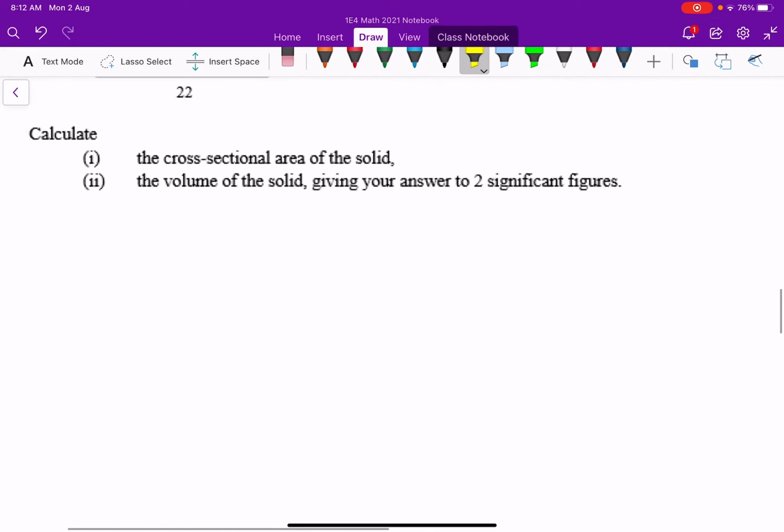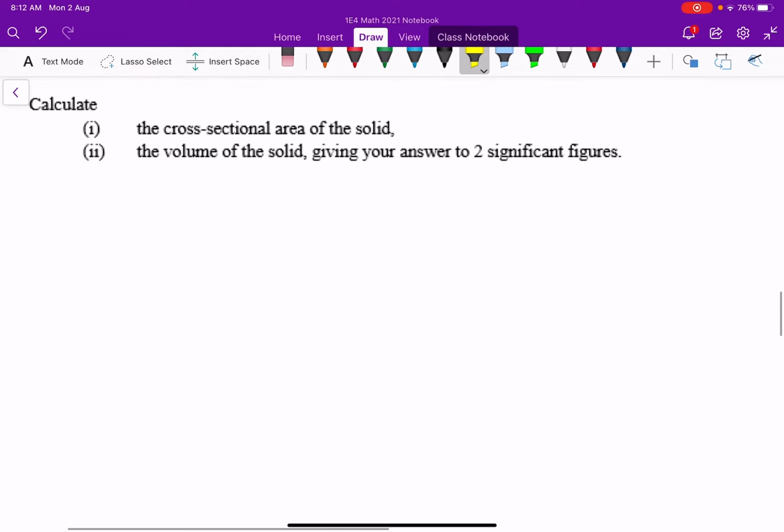We need to do, so there are many parts. We need to do part A first. Okay, so they ask us to find area of regular hexagon. Okay, so they are all same size. Can you go back, look at your worksheet and go and count how many triangles are there?